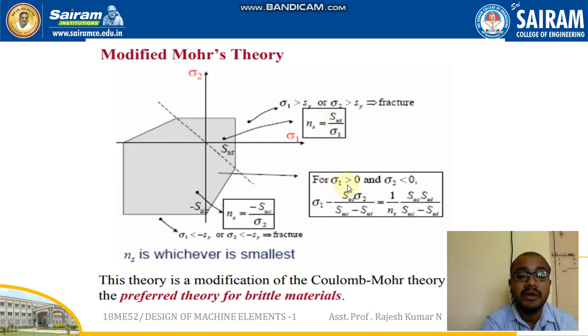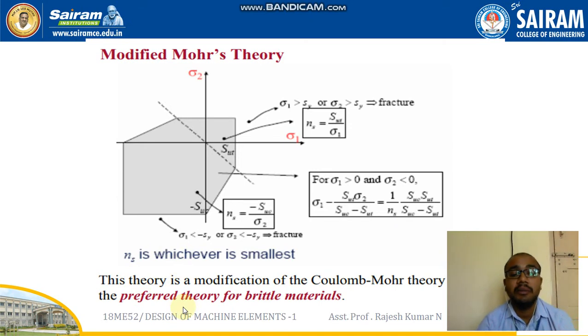And for sigma 1 greater than 0 and sigma 2 less than 0, it is sigma 1 minus ultimate strength into sigma 2 divided by the ultimate stress difference, that is SUE minus SUT, which is equal to 1 by n equals SUE into SUT divided by SUE minus SUT. Here n is nothing but the smallest value we are considering.